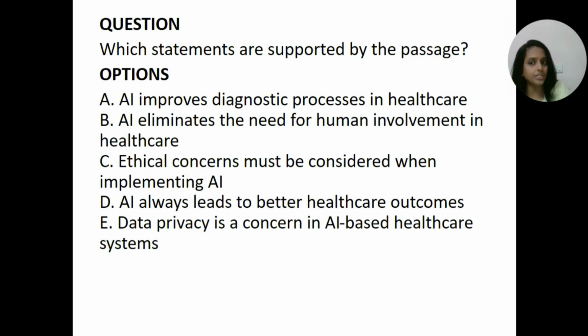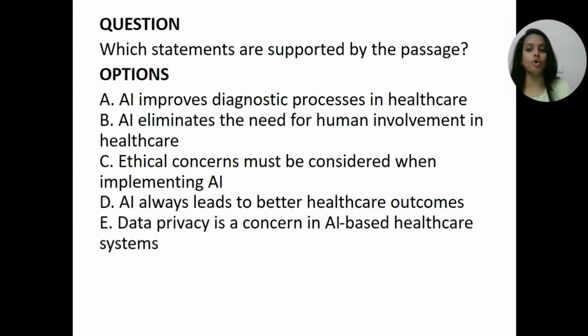If you see the option A, that one is clearly stated, which is true. And option B, it is not at all stated in the passage, which is false. And option C, this one is explicitly stated, which is again true. And option D, now this one is again extreme. "AI always leads to...", I already told you, right?